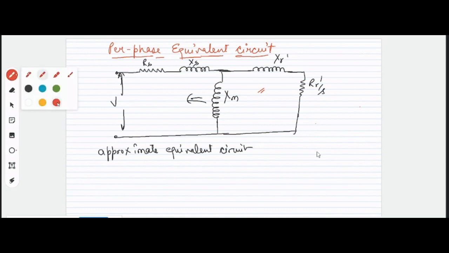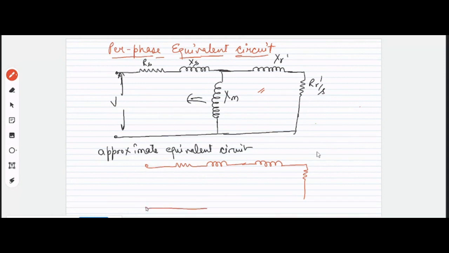What will the approximate equivalent circuit be? Let everyone make the approximate equivalent circuit and see. I am saying that what we had done is we had shifted the shunt branch, this XM branch, to this side, right? We are applying the voltage over here, that is V. Let V be the applied voltage.